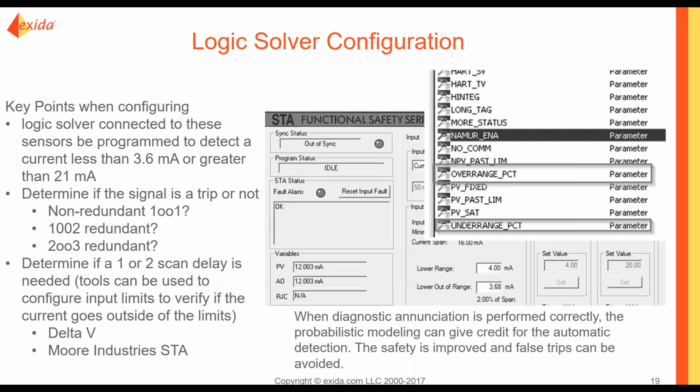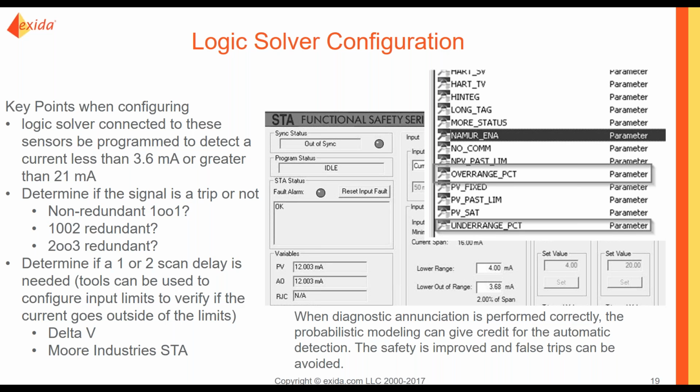For a 2 out of 3 redundant sensor architecture, the logic solver may or may not be configured to vote to trip, as the redundancy would avoid a false trip. However, in both cases, a failure alarm is sent to the maintenance team.